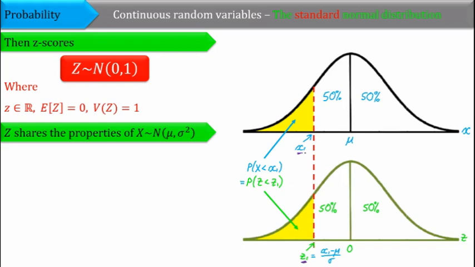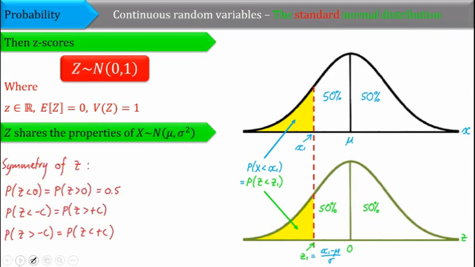So it doesn't matter what normal distribution we have, what parameters we have. When we convert to z-scores, in other words counting standard deviations, then we can use our standard normal table. And that is why our z is referred to as the standard normal distribution. You'll see in the heading here, I've added the word standard. Okay, so z will be our standard normal random variable.